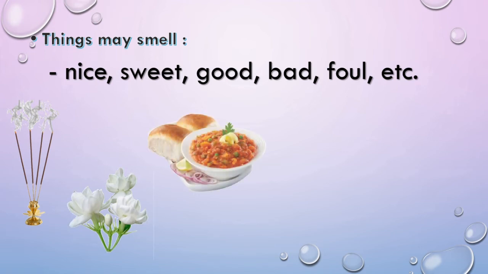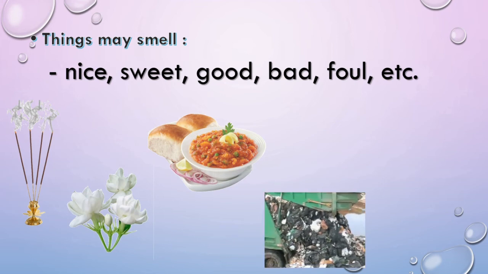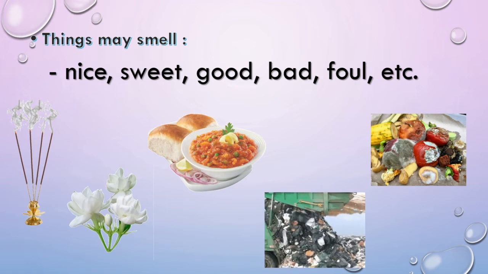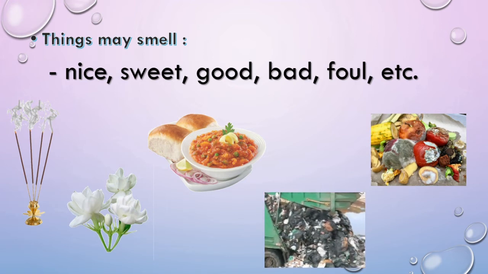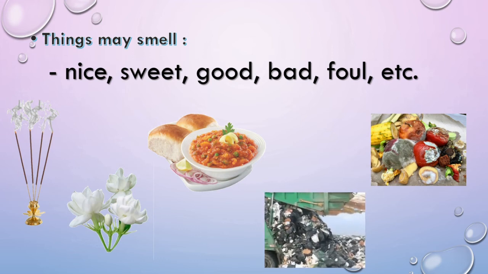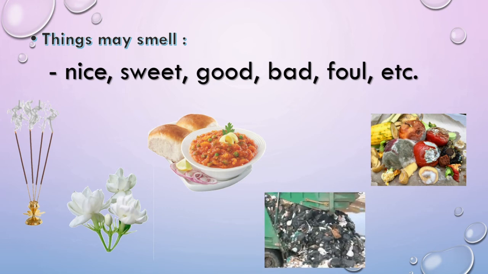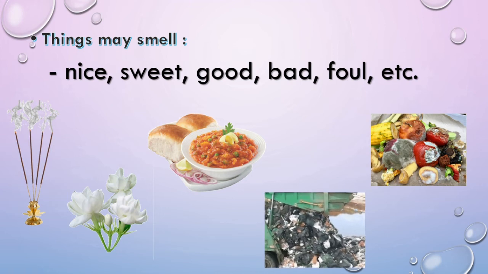Yes, pav bhaji, very delicious, good smell. Yes, this is garbage, bad smell. And here rotten vegetables, foul smell. Yes, dear children, please understand the words so that you can use them while writing the description about the photographs. Okay?